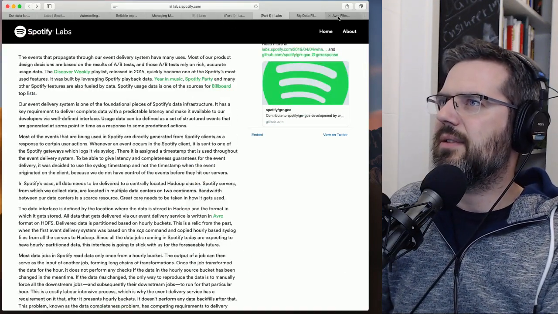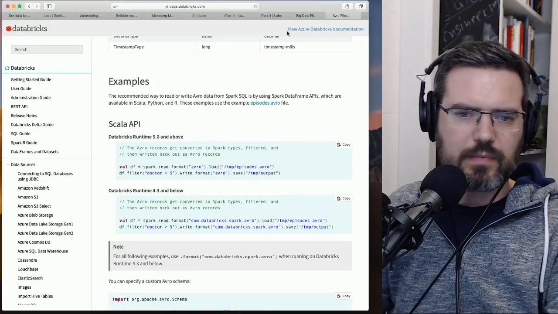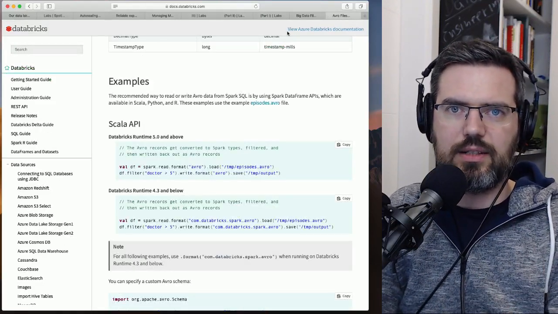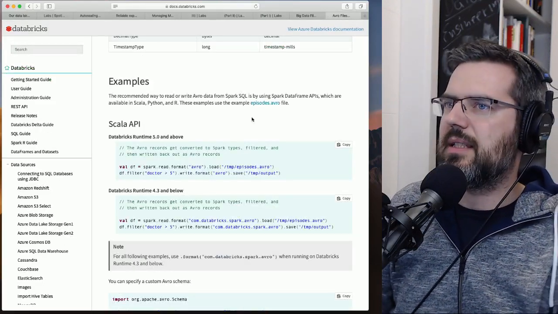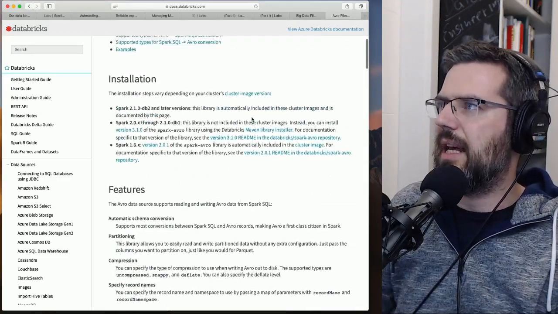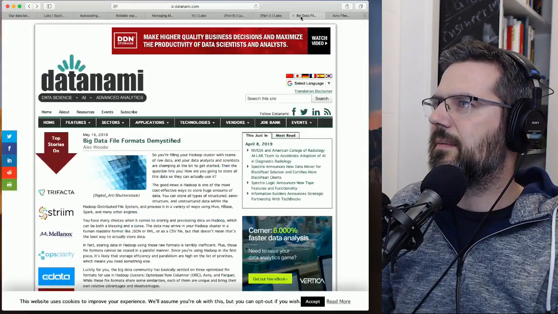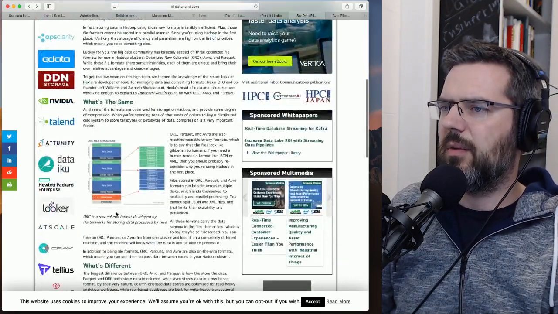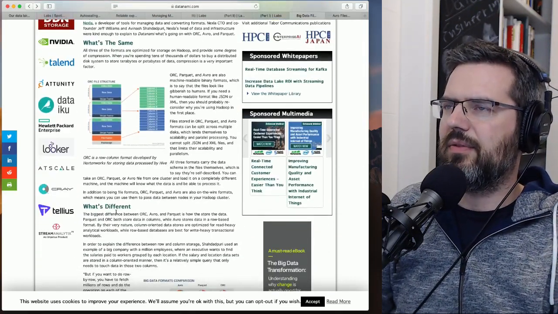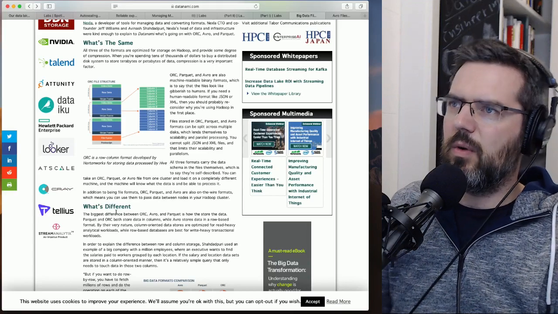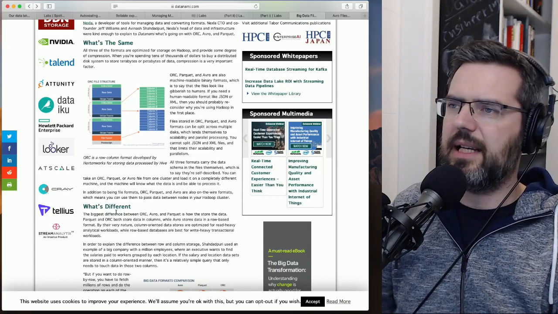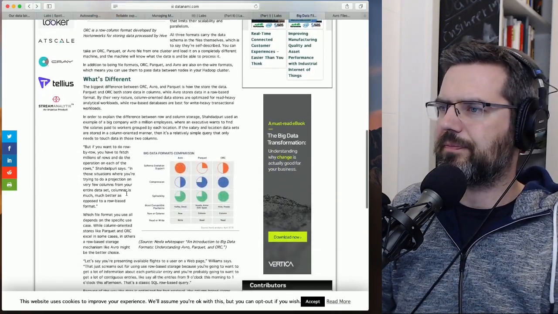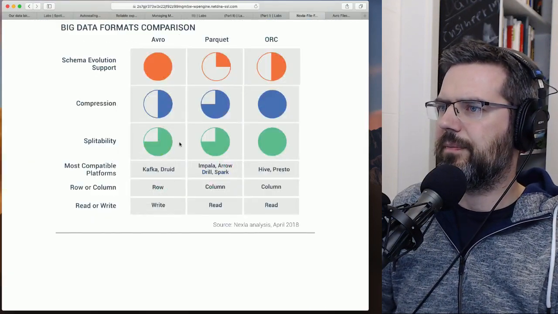There is an interesting article, as always, I'm going to put the links to all the sites in the description and in my cookbook. Datanami has a quick overview of the differences between ORC files, Parquet, and Avro.